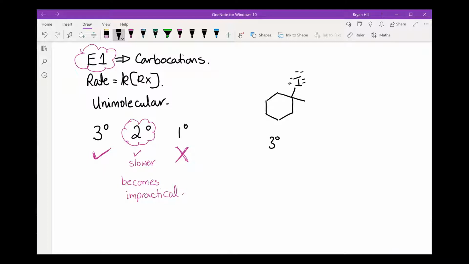Okay, so the first step, actually, let's make this easier for a second here. Okay, so here is tert-butyl bromide.